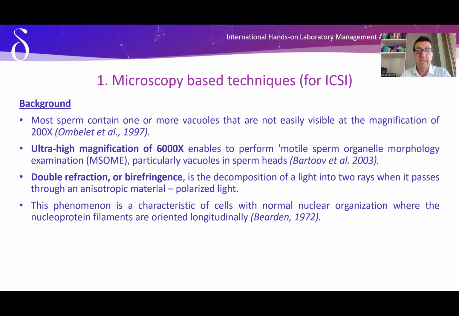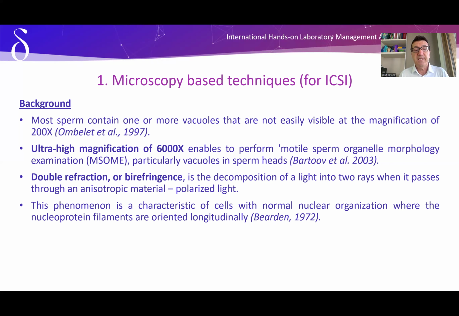And the second very interesting phenomenon is that we are talking about double refraction, or birefringence. This is a decomposition of light into 2 rays when the light passes through an anisotropic material.